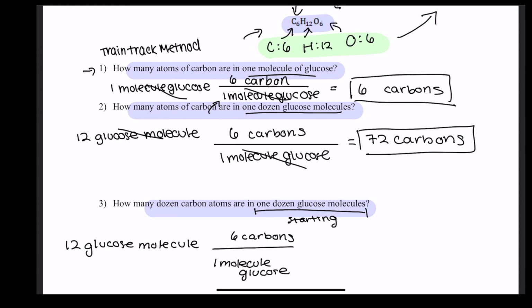And since we want dozen of carbon, we know that 1 dozen of carbon, with C for carbon, is equal to 12C. So I'm going to put 12C at the bottom, over 1 dozen of carbon.